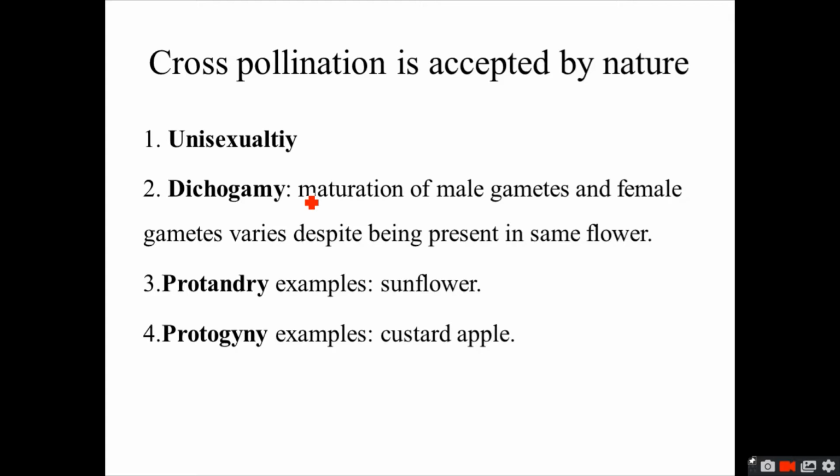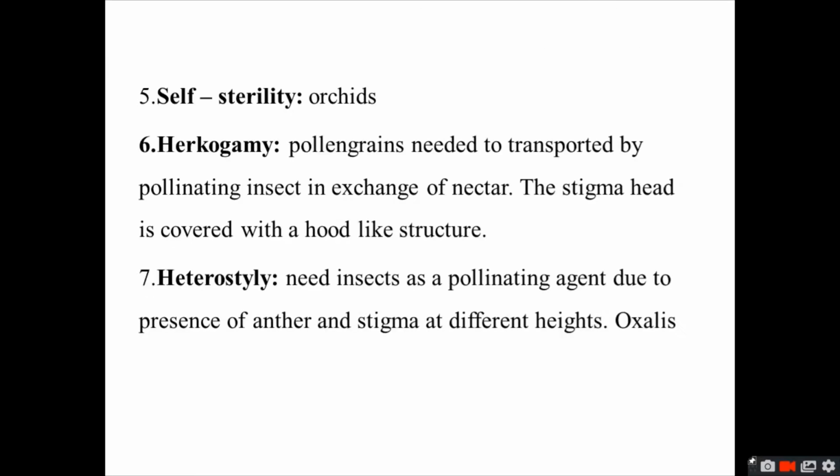If the male gametes of a flower mature earlier than the stigma, it is known as protoandry. Example, sunflower. Protogyny is when the stigma matures before the maturation of anthers, and such an example is custard apple. Next, sterility.